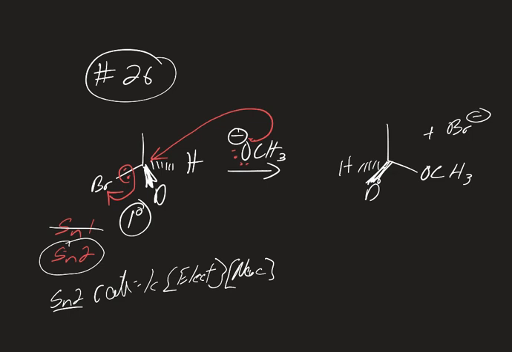They're not asking us that. But if this was R, now it became S. Do you need to draw your arrows such that it goes to this side? Yes, you do. Your arrow needs to show that it's coming from 180 degrees away. And why is that? Because where's the sigma star? Where's the anti-bonding orbital at? It's right there. And we talked about that inversion and why that happens.